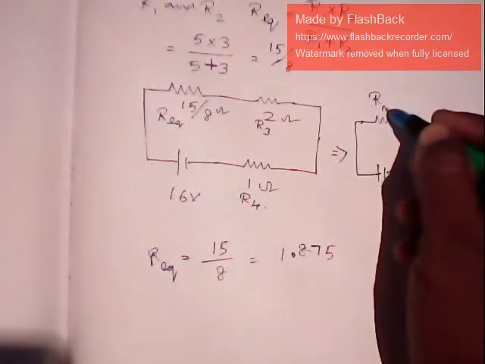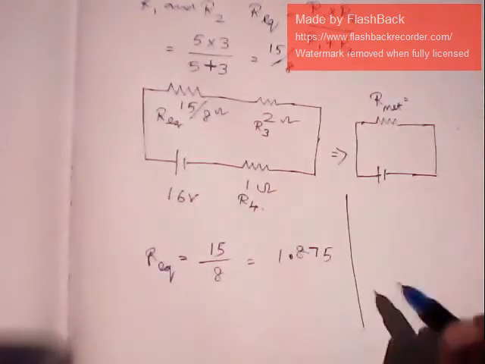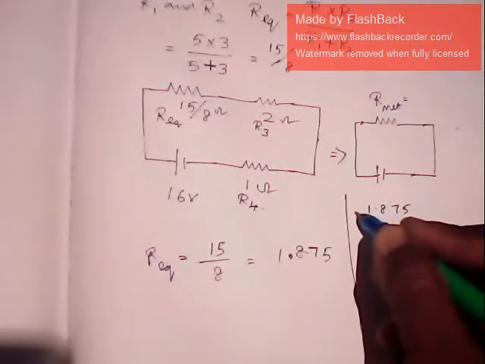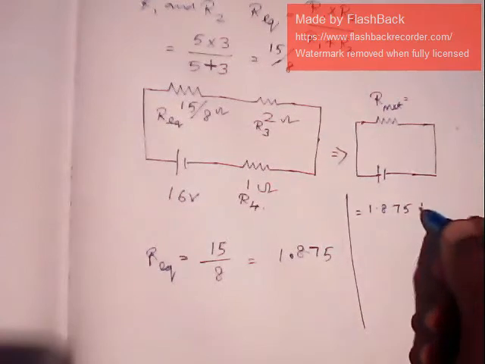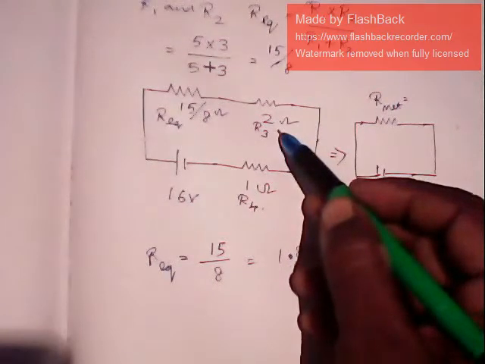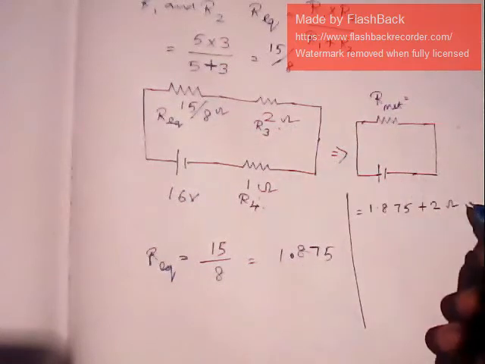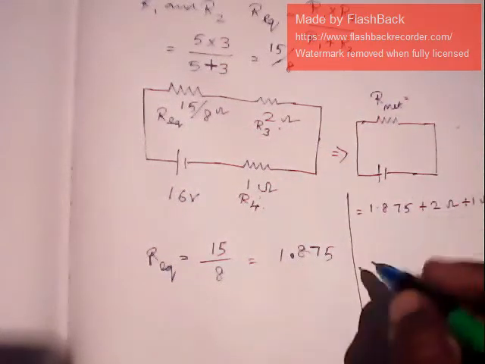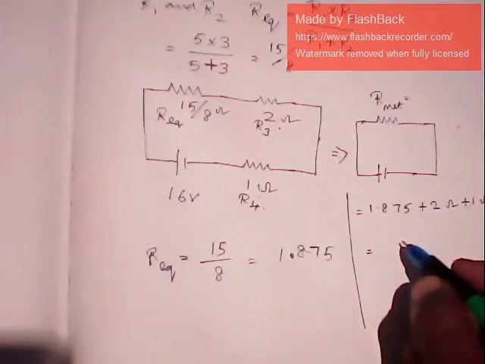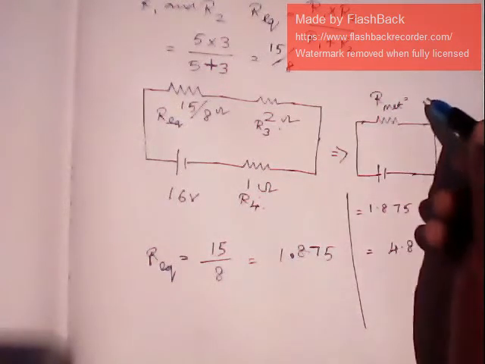This is the net resistance, which you can compute like this: 1.875 plus 2 ohms, that is this resistor R3, then you add R4 also. So finally you will get 4.875. That is the net resistance here.